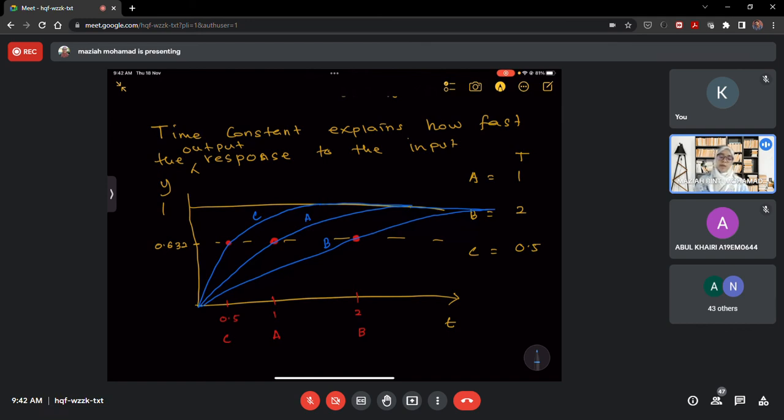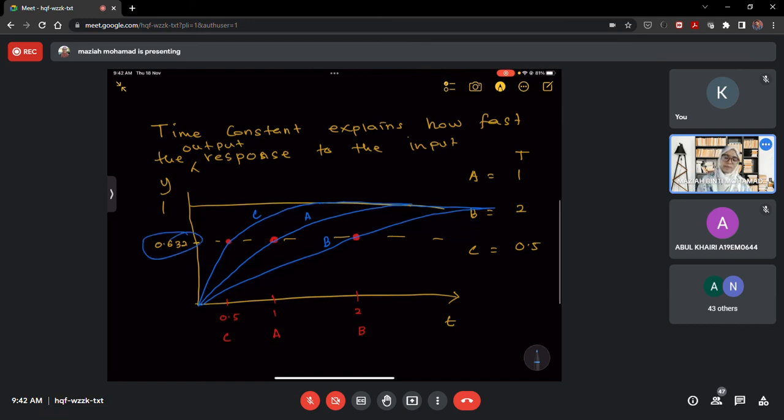Because we are referring to the same point, 0.632 of the final value, we just compare the time, how long it takes to reach that point.